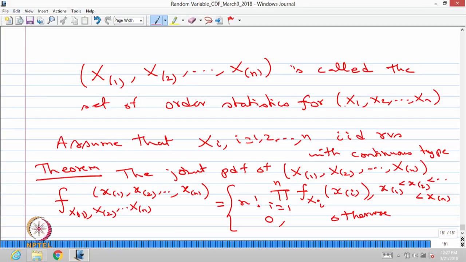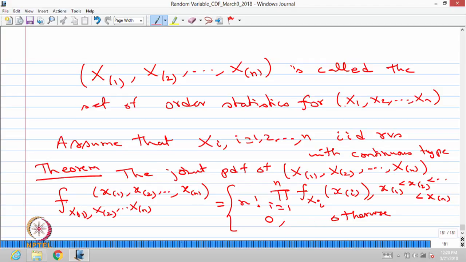But since these random variables are IID, on the right-hand side, instead of the joint probability density function of the Xi's, we have n factorial times the product of i equal to 1 to n of the probability density function of Xi, by substituting the values Xi by x of bracket i, over the interval x(1) less than x(2) and so on till less than x(n). It is a non-zero joint probability density function, otherwise it is 0.